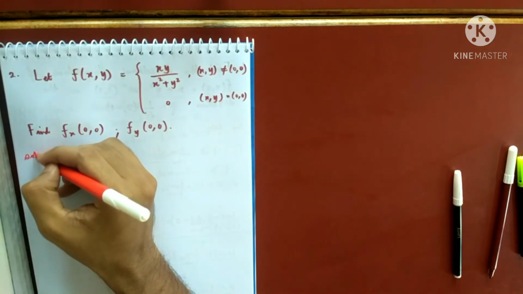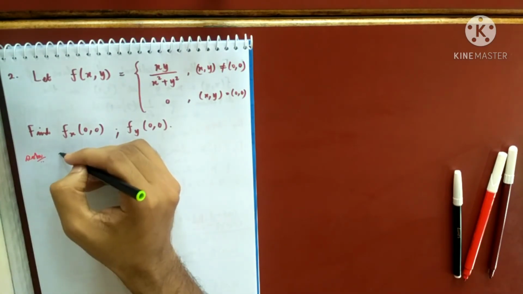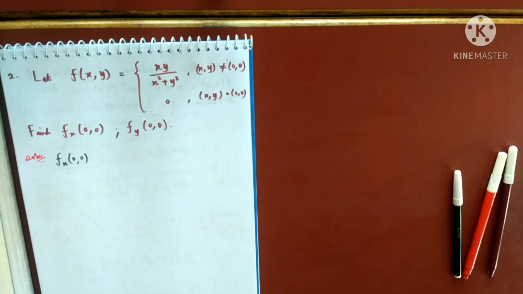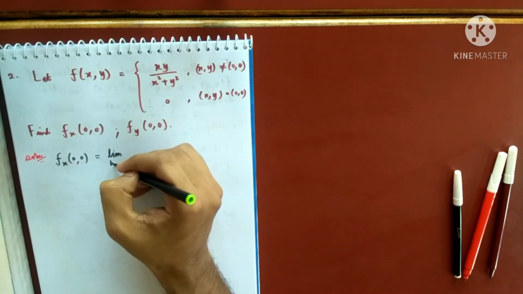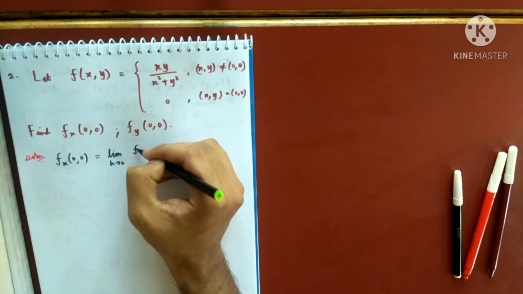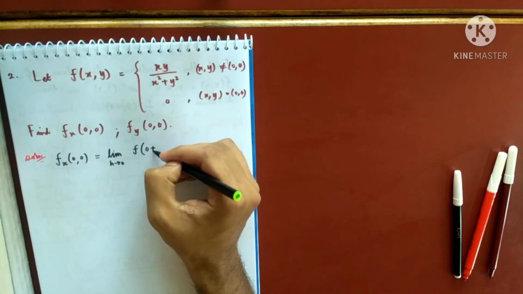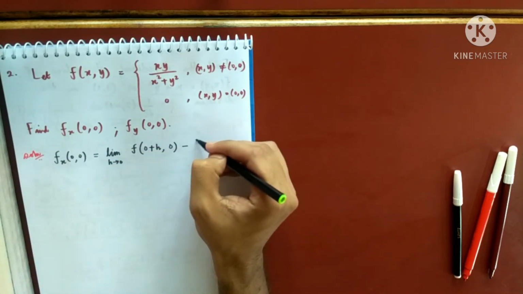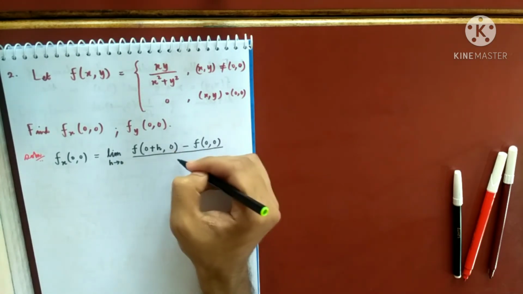So solution: let me apply the definition of partial derivative. So f_x at 0 comma 0, if you see the definition, it is limit h tends to 0, f of x plus h, x here is 0, so 0 plus h, comma y here is 0, minus f of 0, 0, by h.